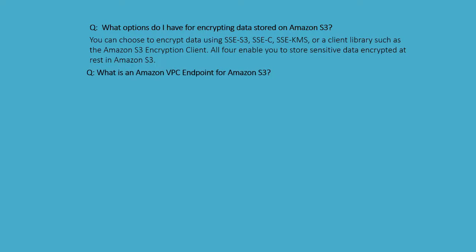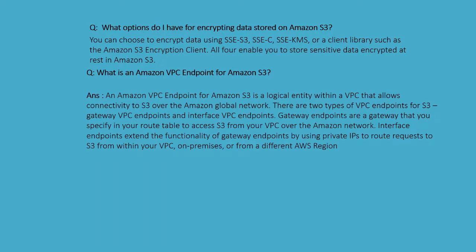What is an Amazon VPC endpoint for Amazon S3? An Amazon VPC endpoint for S3 is a logical entity within the VPC that allows connectivity to S3 over the global Amazon network. There are two types of VPC endpoint for S3: gateway VPC endpoint and interface VPC endpoint.